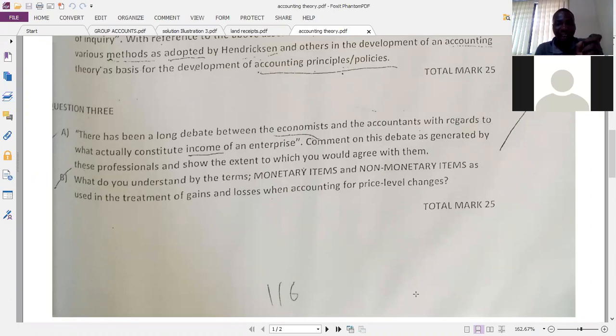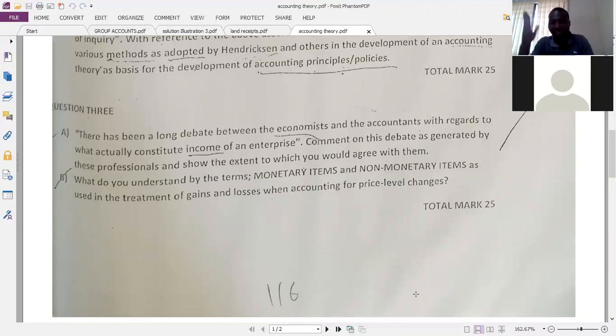We learned in accounting concepts that income is realized not when it is received, but when it is earned. You don't just say that when you receive the money, now you have it. You earn income at the time you realize it.